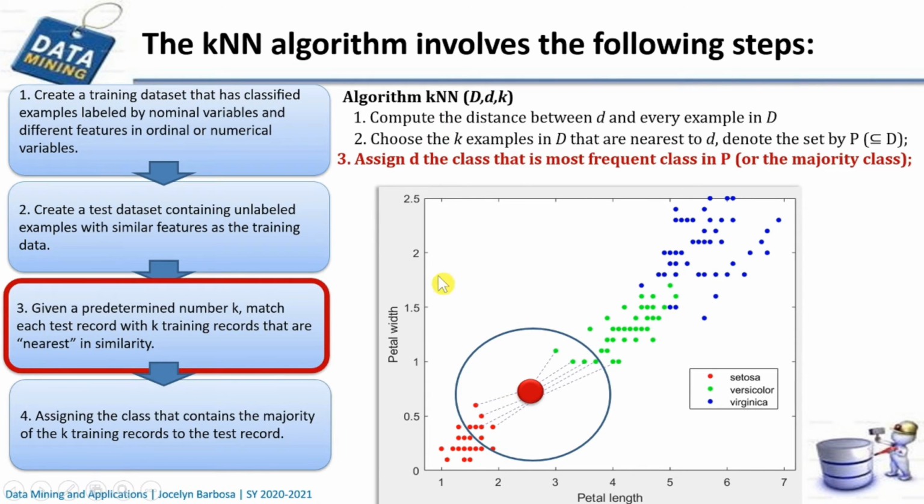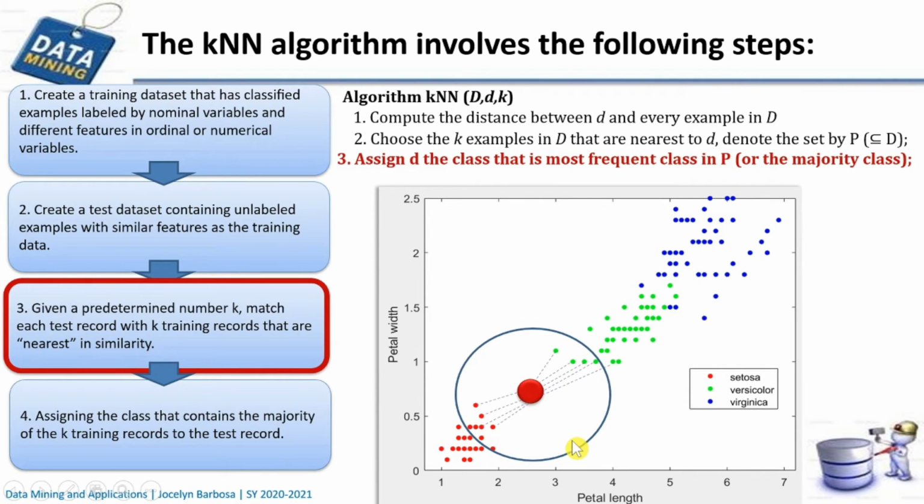So what if we have another new instance to be classified, to determine whether it belongs to this group or to this group? Of course, given the predetermined number K again, we match each test record with the K training records that are nearest in similarity. Similarly, we compute the distance between this new instance and each element in our data set D, and then we choose the K examples.